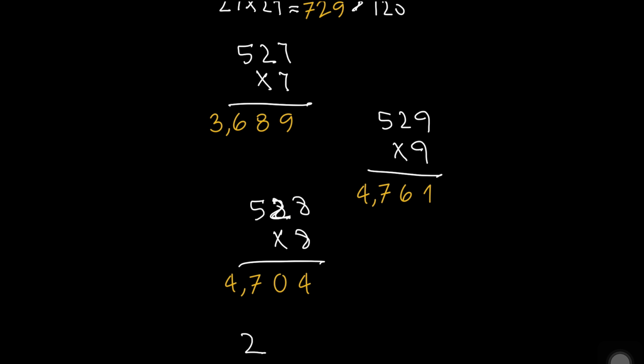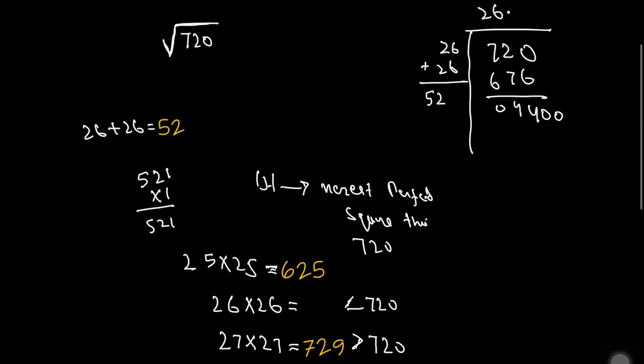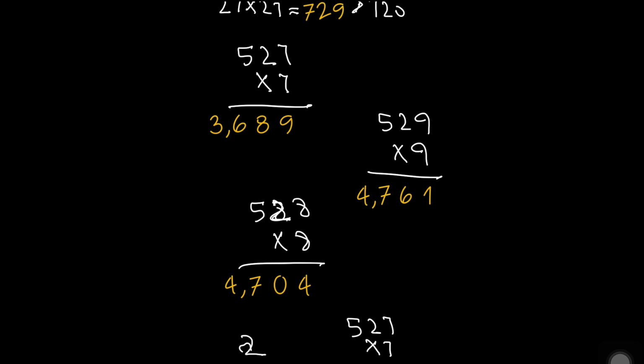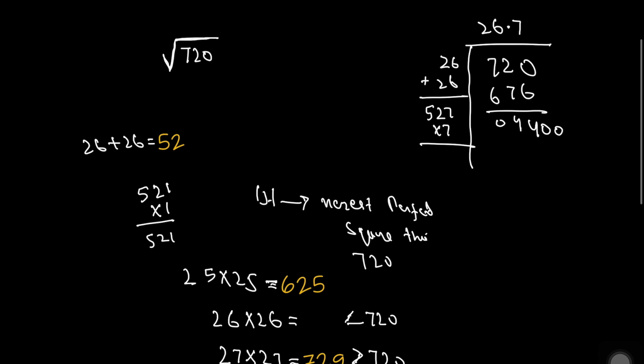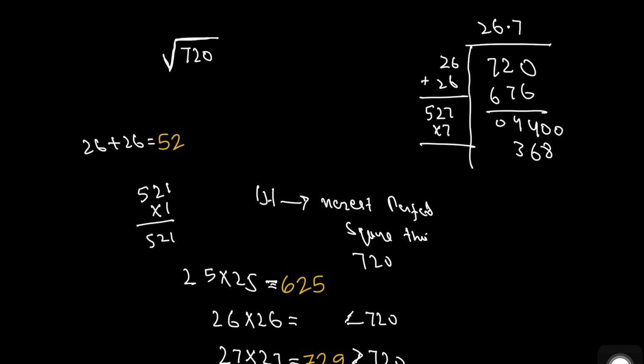So also 52 7 multiplied by 7. Now 3689. So we write here 7 times multiplied by 7, and here write the 7, and our answer is 3689.